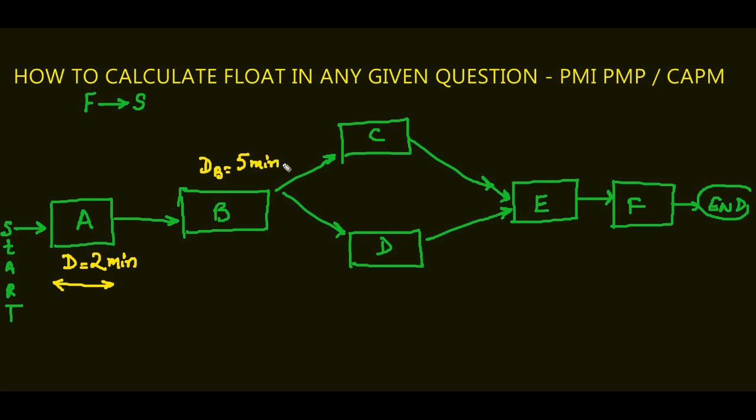Duration of C, 3 minutes. Duration of D? Let's keep it 4. Duration of E, just to make the numbers small, 1 minute. Duration of F, let's keep it 2 minutes.